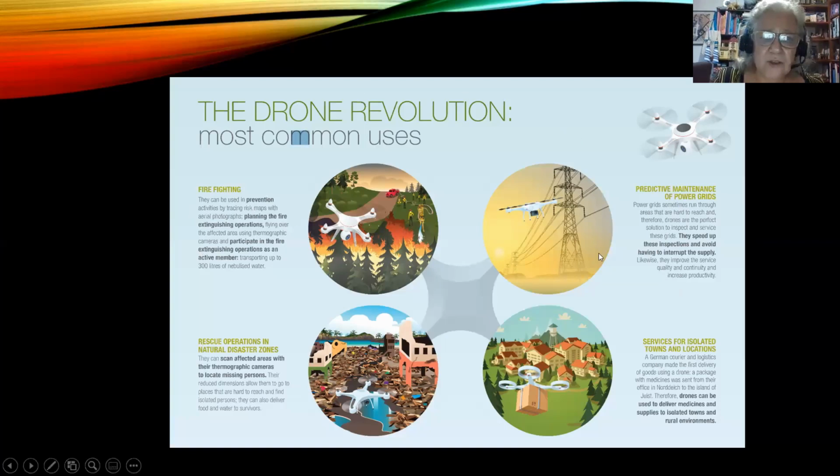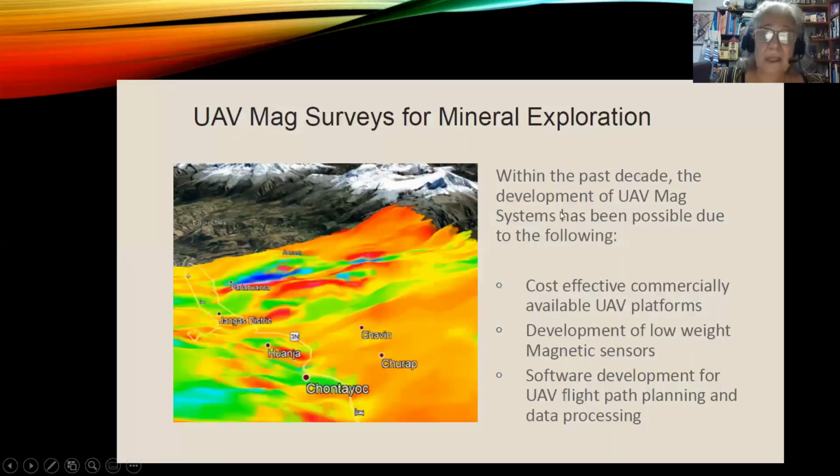There are lots of common uses for firefighting, for predictive maintenance on power grids, for services to isolated towns and locations, rescue operations in natural disaster zones, and also for mineral exploration.